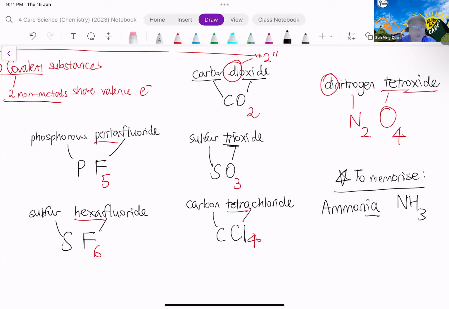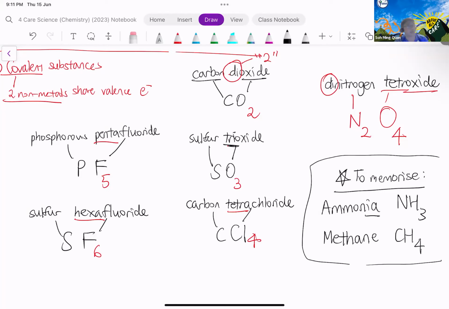But ammonia, ending with IA, is NH3. The next one to memorize is methane. Methane is CH4. So these two are the common covalent molecules which you should try to memorize because obviously their formula doesn't link with the name. Of course, one more you should memorize is water. I suppose you know water is H2O. All right.